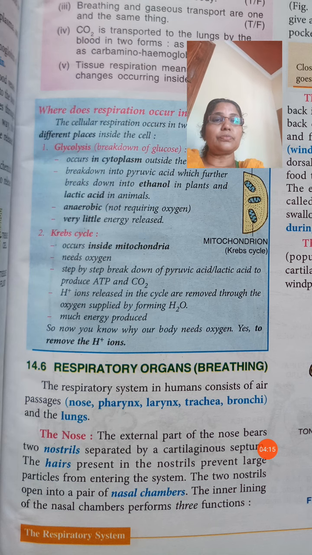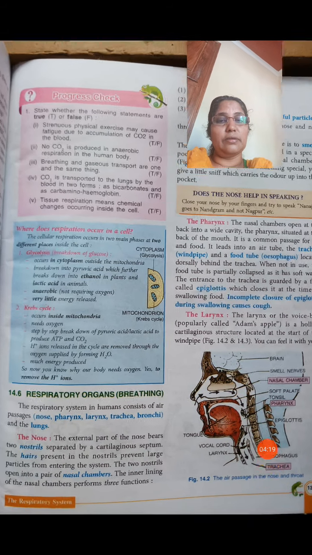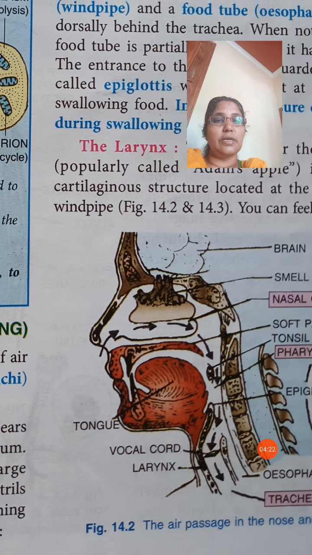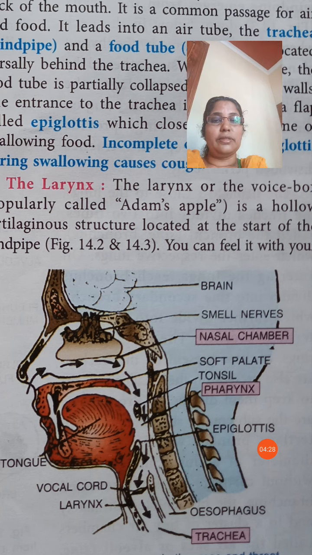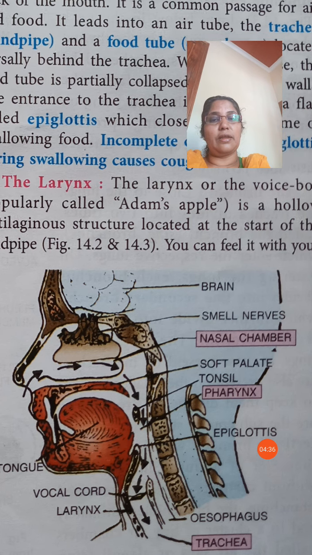Here we can see the parts. Here through the nose, the arrows show the air is entering. You can see the nasal chamber. Inside, the smell nerves are there.